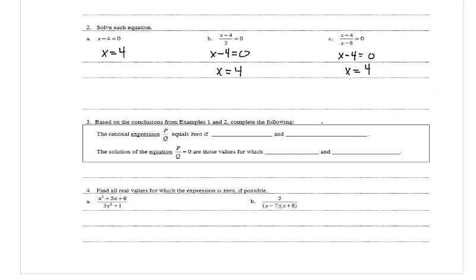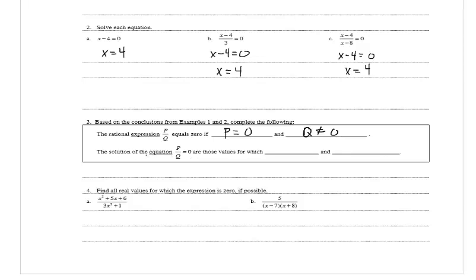It says the rational expression p over q equals 0 if, and we know it equals 0 if the numerator is equal to 0. So p is equal to 0. And then we just talked about that the denominator cannot equal 0. So we're going to say that q cannot equal 0.